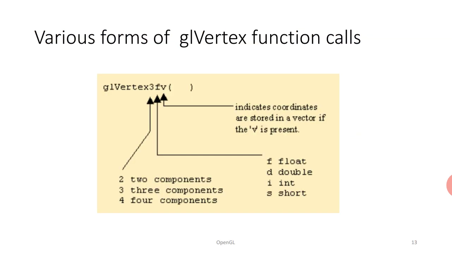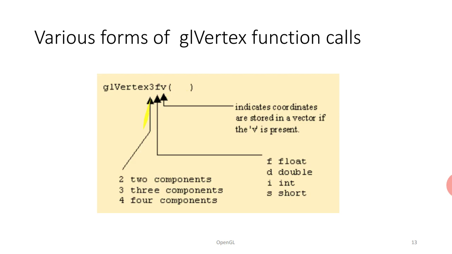Then there are various forms of glVertex function calls. The glVertex function call is required to draw different shapes. So as seen in the figure, glVertex3fv is the name of the function followed by brackets.